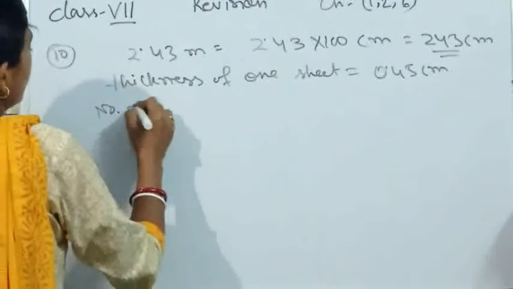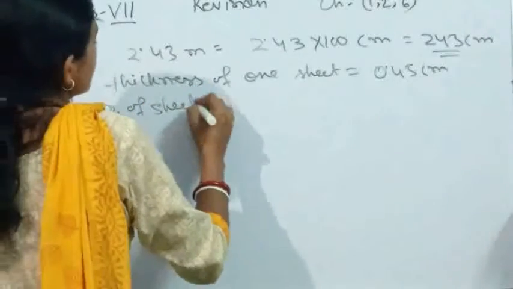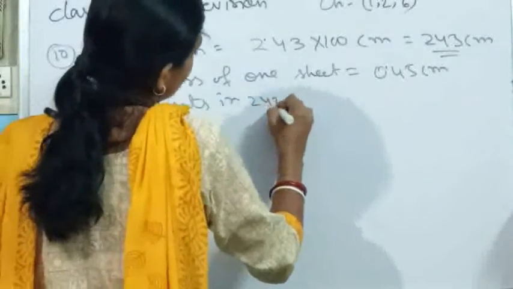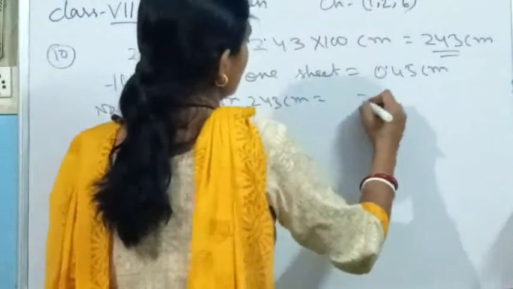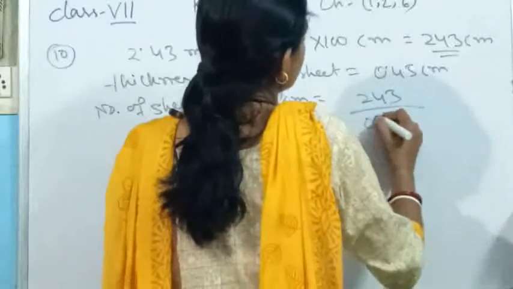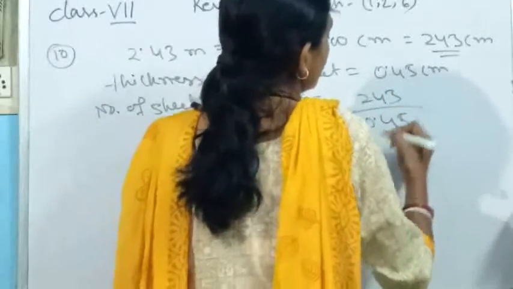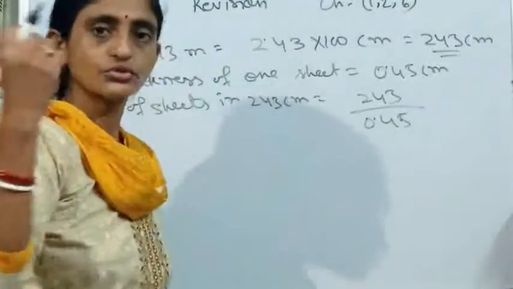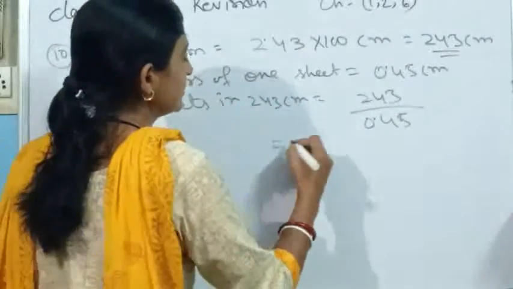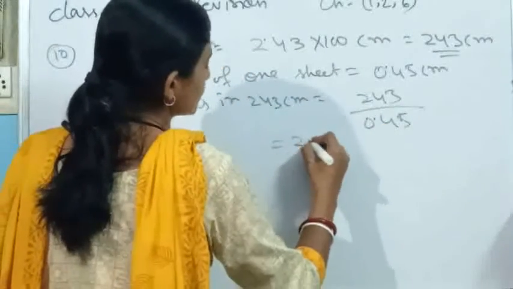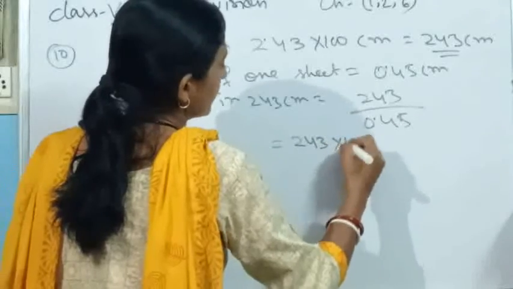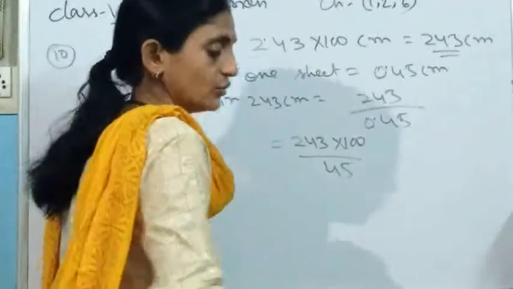So number of sheets in 243 centimeter equal to what you will do? 243 by 0.45. Yes, both of them have the centimeter unit, so that will be cancelled. So as it has two decimal places, we can write 243 into 100 by 45. I can go for that.